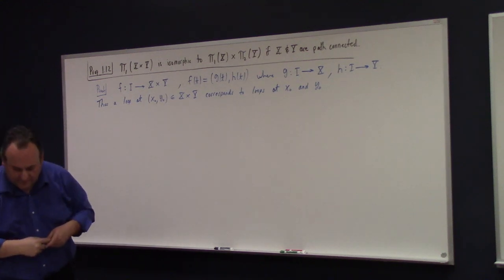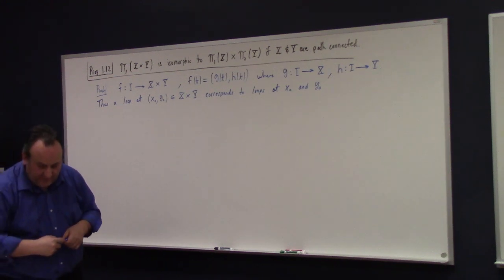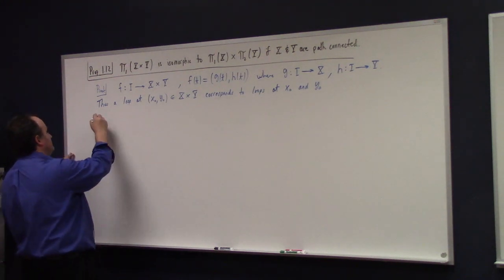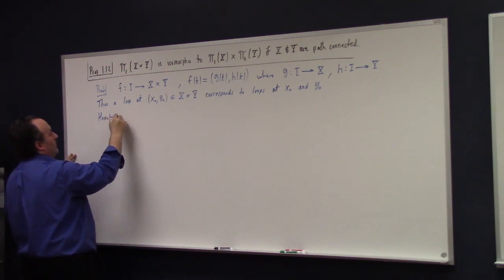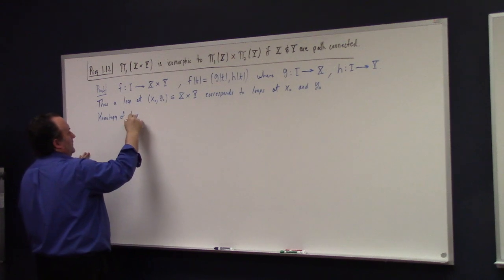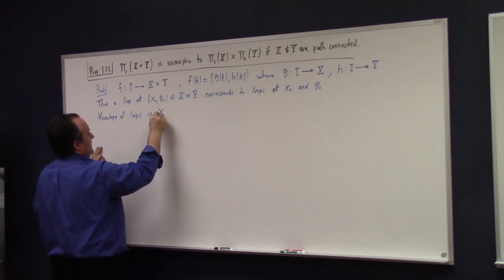So you get a pair of loops for each loop in the Cartesian product. And he says, similarly, a homotopy of a loop in X cross Y is equivalent to a pair of homotopies, so homotopy of loops in X cross Y.